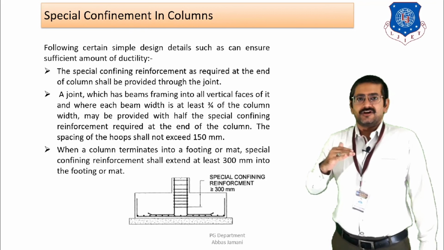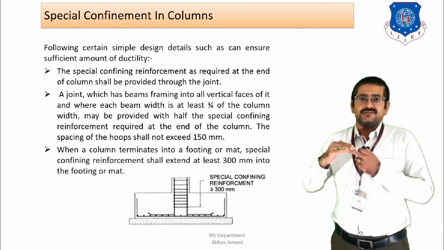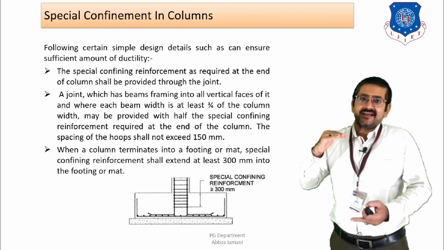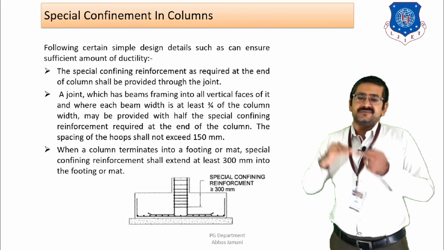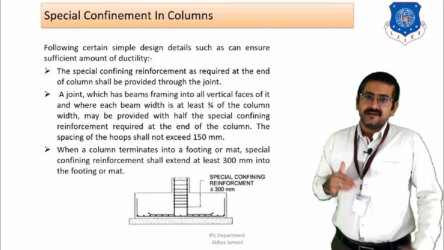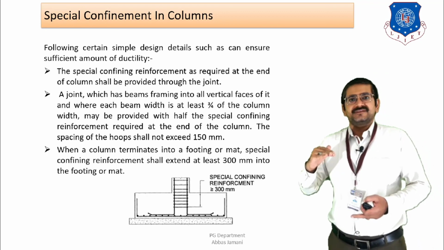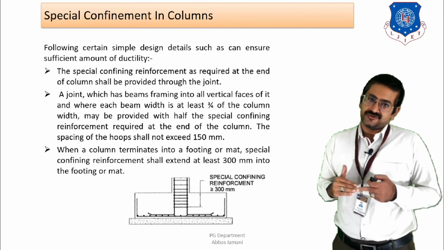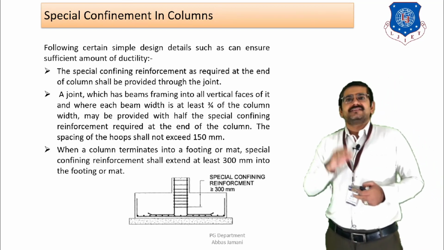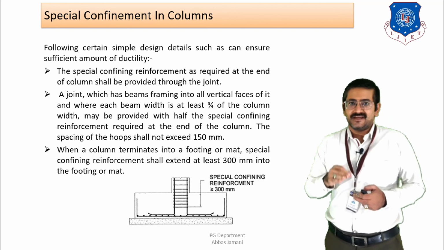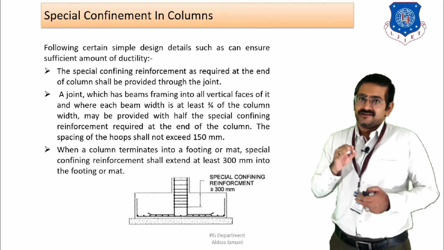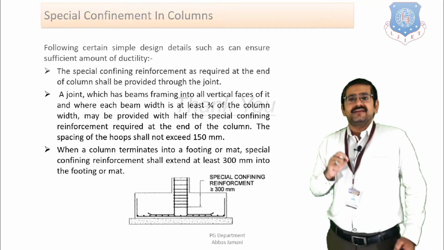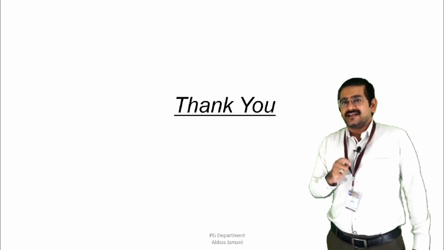So once the column is over and the footing starts, from that joint onwards until 300 mm below this joint, the special confining reinforcement shall be extended, where the minimum spacing of stirrup should be 75 mm and the maximum spacing of stirrup should be 100 mm. At the same time, the diameter of bar should be minimum 8 mm, or as per the calculation given in IS 13920, right? These are all important guidelines for the ductile detailing of columns.